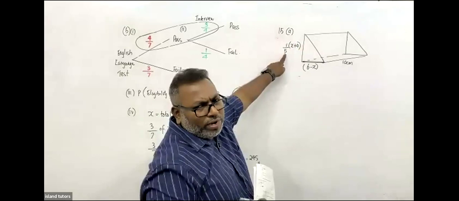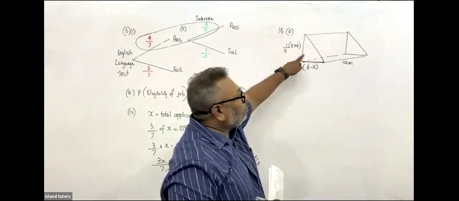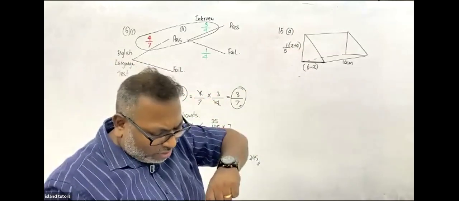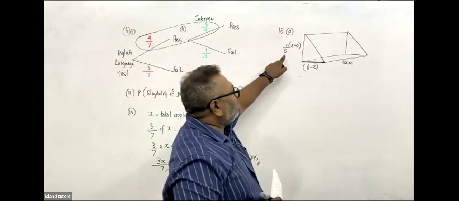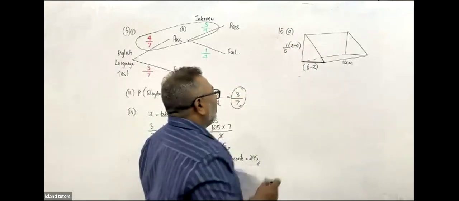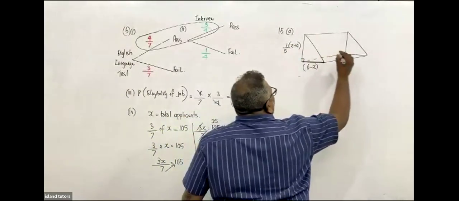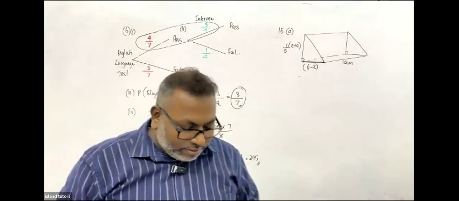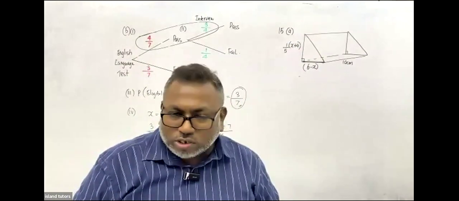Just double check. This should be 1 over 5 into x plus 4. I don't know how it's in your copy. For me, I saw a correction. It says 10, but it should be 1 over 5. Okay. So this is your triangular cross section. So they're asking you to find the area of the cross section.